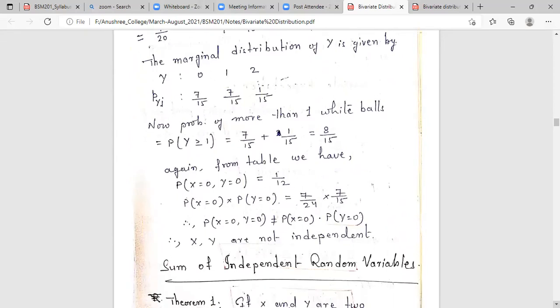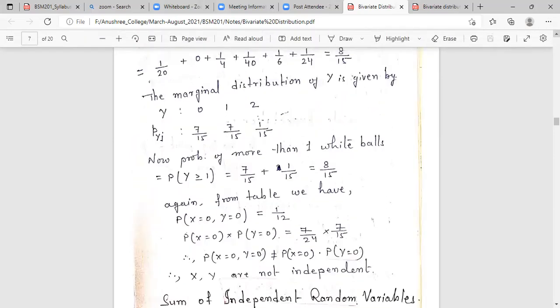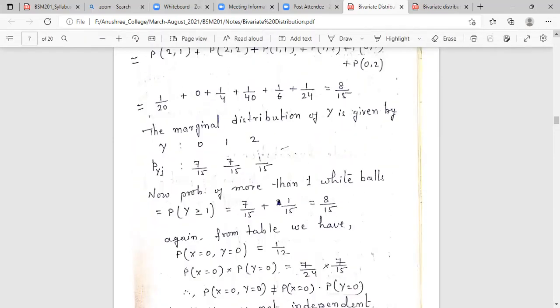So in this way, this is all about the concept of joint probability distribution, rather bivariate distribution. What we have seen is the bivariate distribution, what it is, which contains two variables, and how we can obtain the corresponding probability distribution for that bivariate data or bivariate distribution given to us.